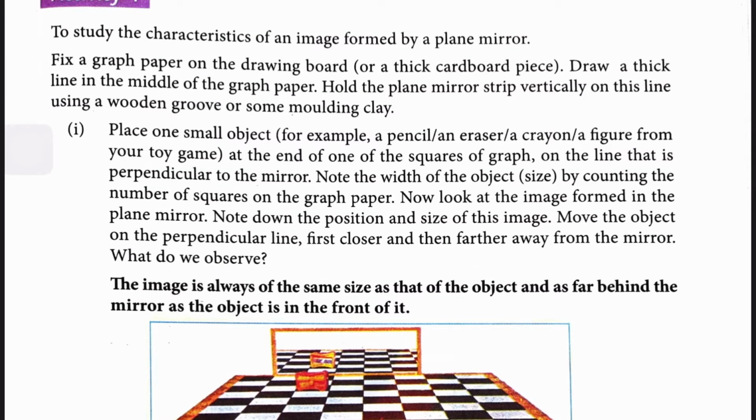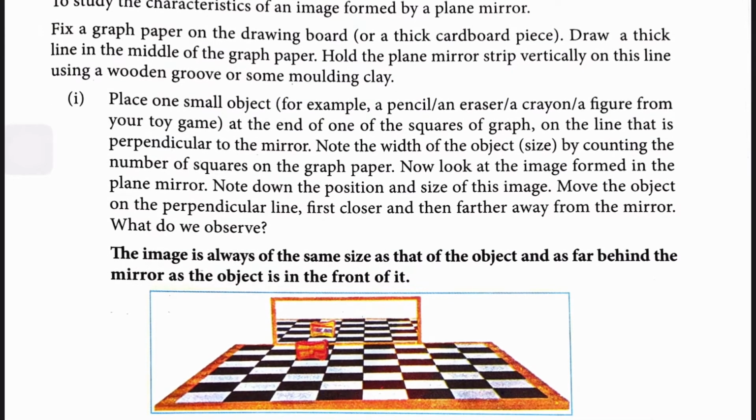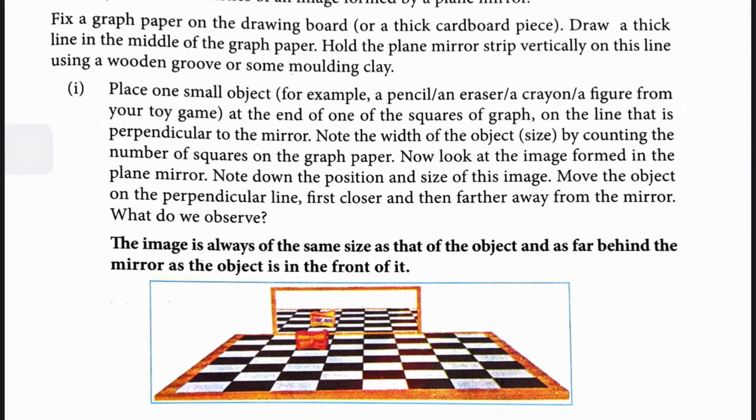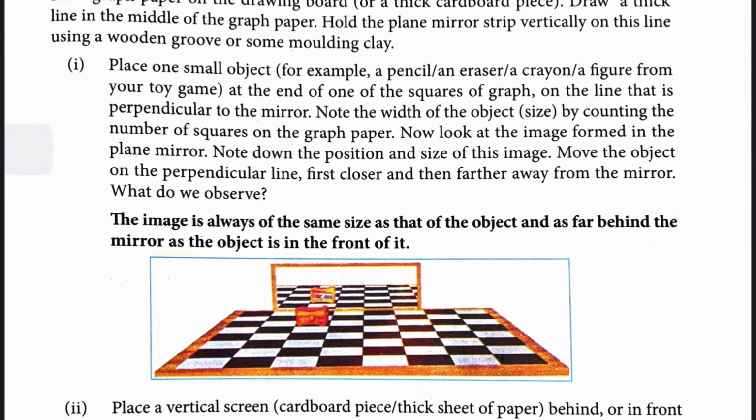Fix a graph paper on the drawing board or a thick cardboard piece. Draw a thick line in the middle of the graph paper. Hold the plane mirror strapped vertically on this line using a wooden groove or some molding clay.